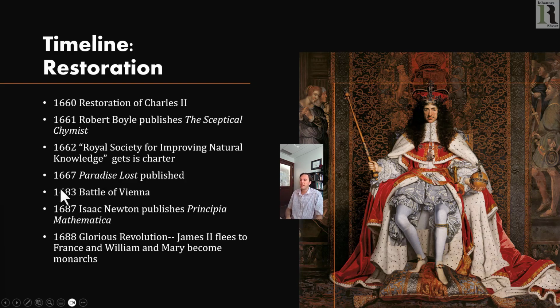In 1683, the Ottoman Turks hit their high water mark and then retreat slowly over the next couple centuries after losing the Battle of Vienna against a coalition of Catholic armies. In 1687, Isaac Newton publishes the Principia Mathematica, in which he comes up with the three laws of motion, which revolutionized our understanding of space and physics.